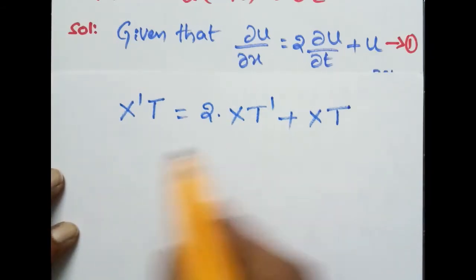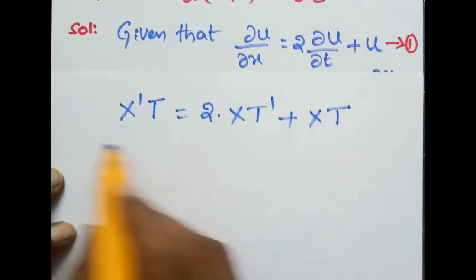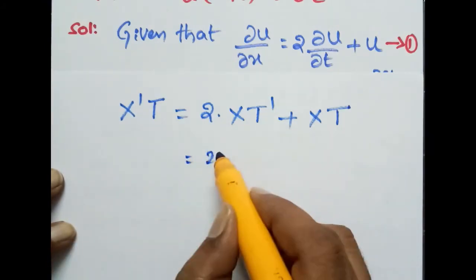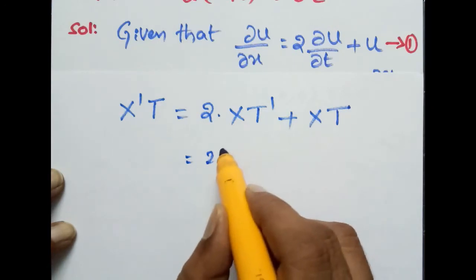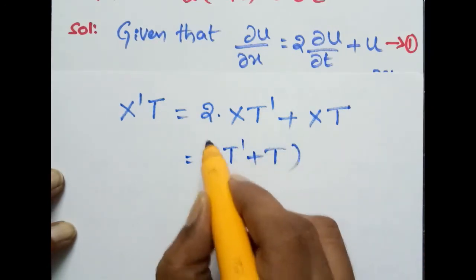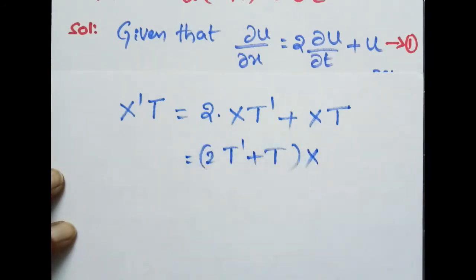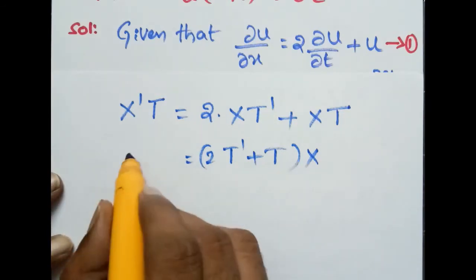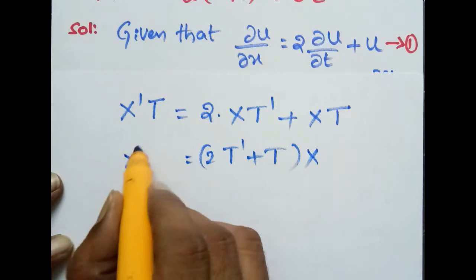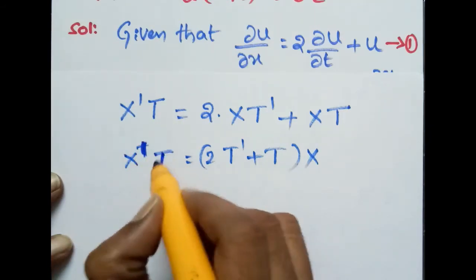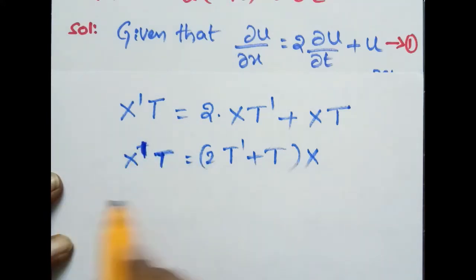Therefore simplifying, this can be written as X dash into T equals X times 2 into T dash plus T. X is a common factor here. Now separating the variables.